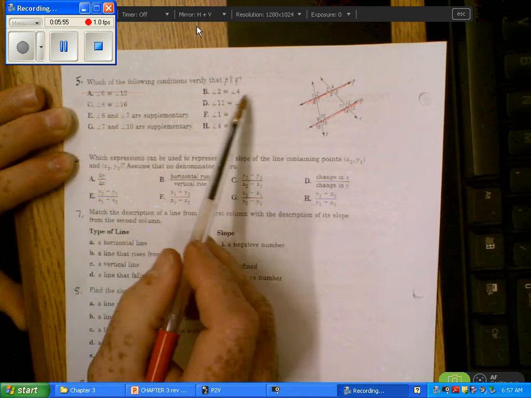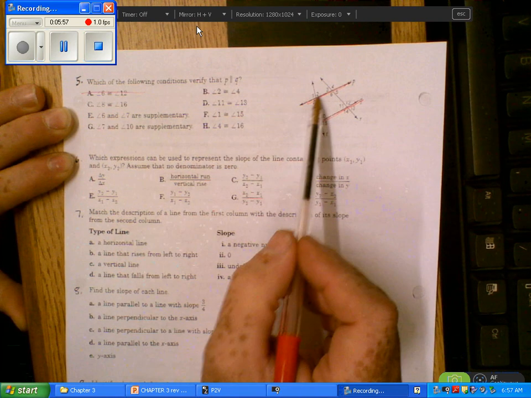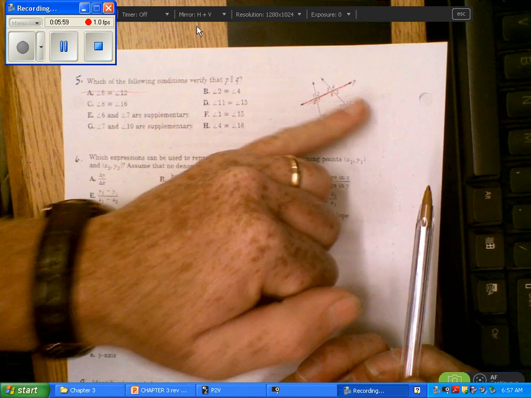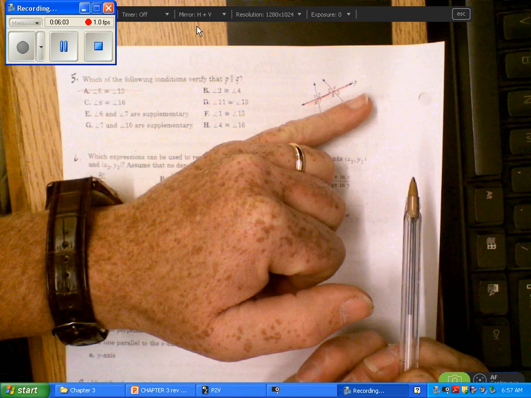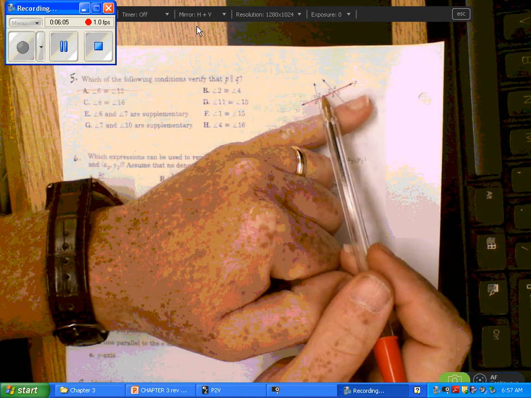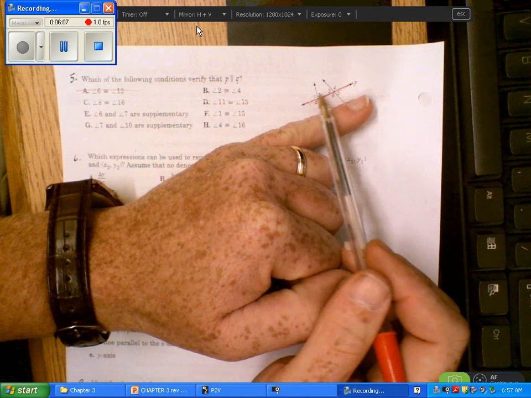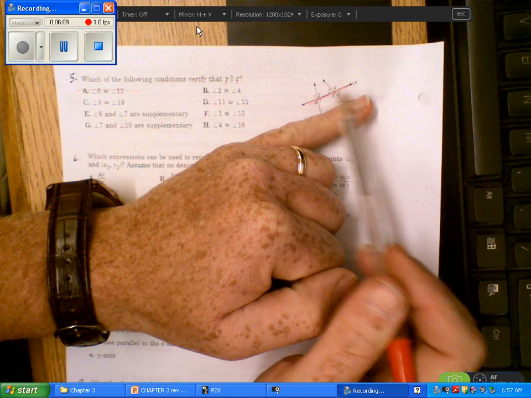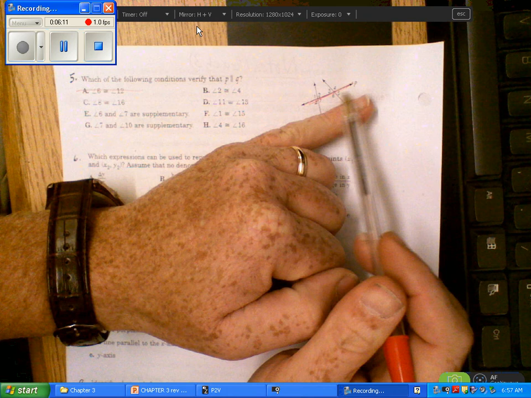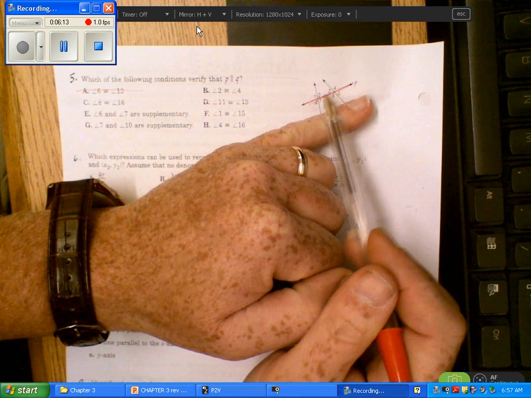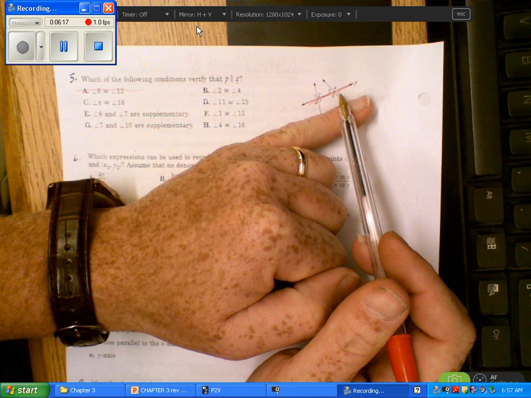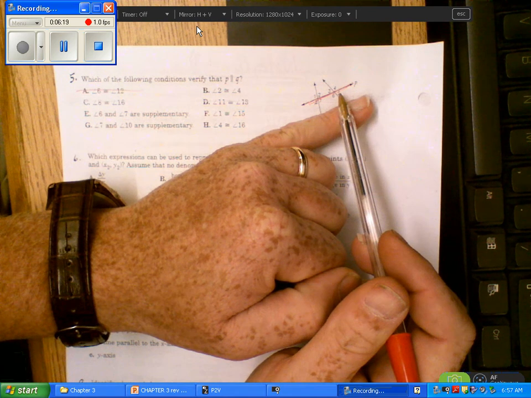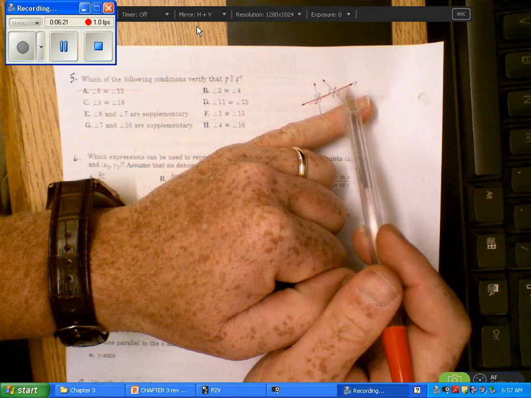Letter B, 2 is congruent to 4. If we just look at just the top part, 2 and 4 congruent, they're actually corresponding angles.